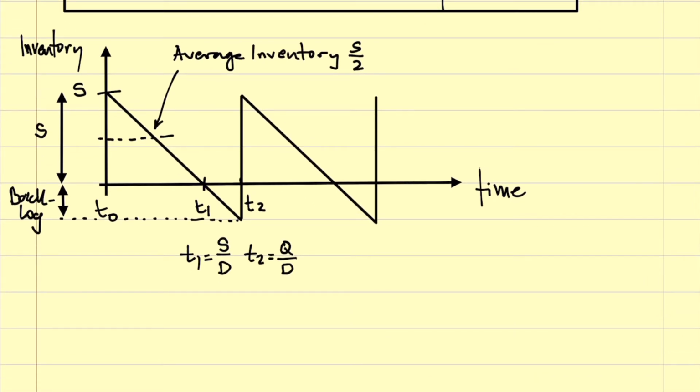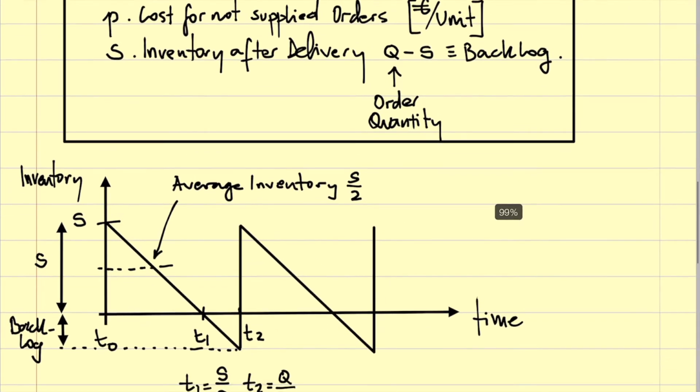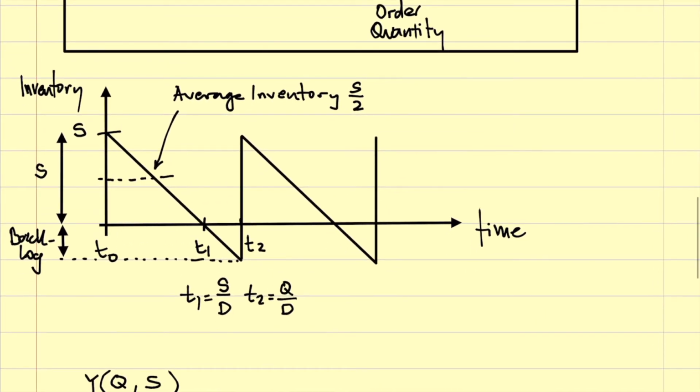So we have a function. Now our cost function depends on two parameters: the level S of inventory after delivery and the order quantity. So it's a function with two parameters.